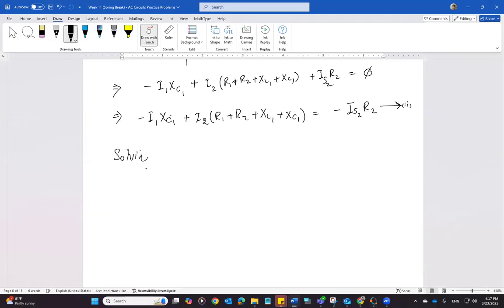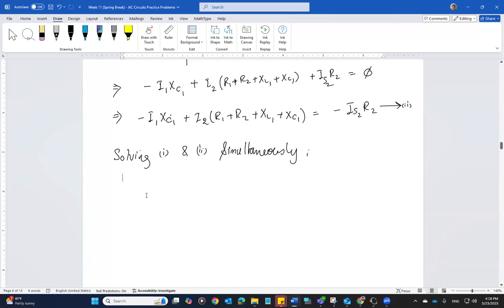Solving 1 and 2 simultaneously, this is my I1 j omega, and this is my I2 j omega.